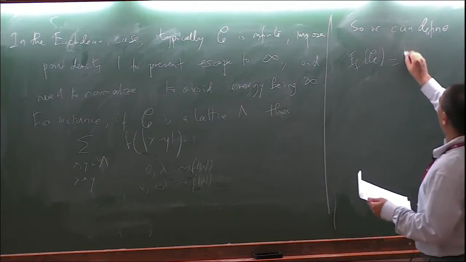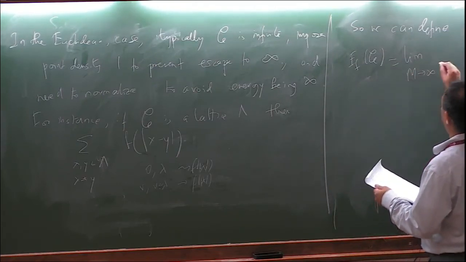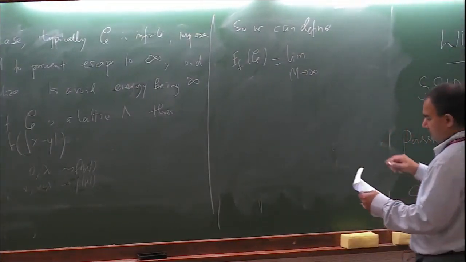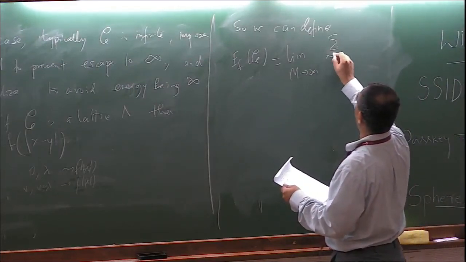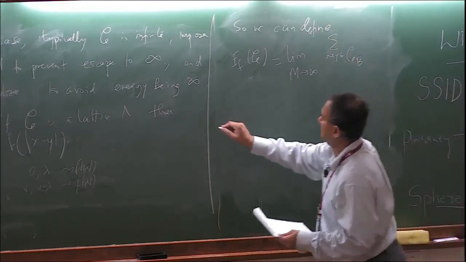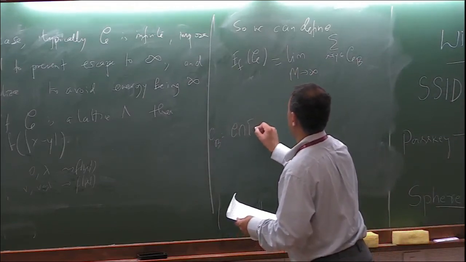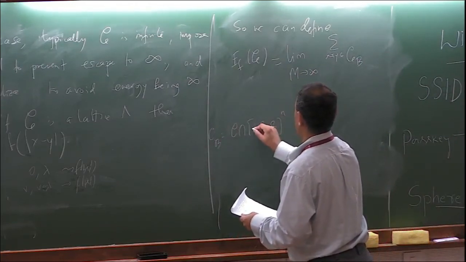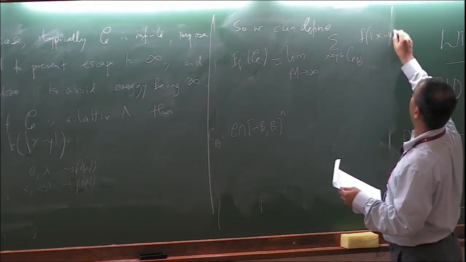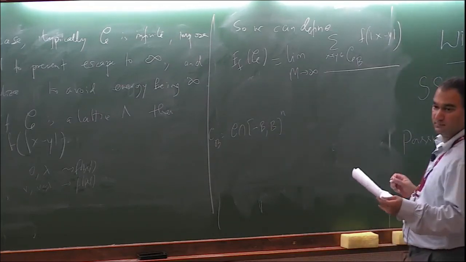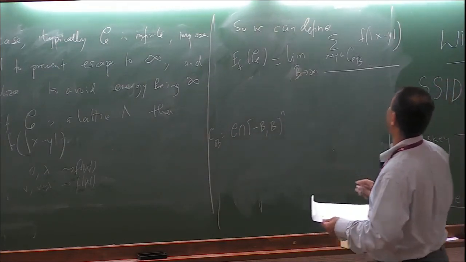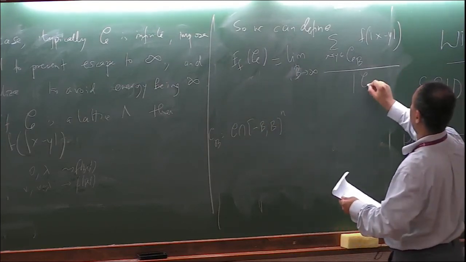You take the limit as B goes to infinity of, so first of all, consider finitely many points inside the cube of size B. So the limit of the sum over x not equal to y in C_B, where C_B is C intersect the cube [-B, B]^n, of f of x minus y, but then you divide out by the number of points in C_B.